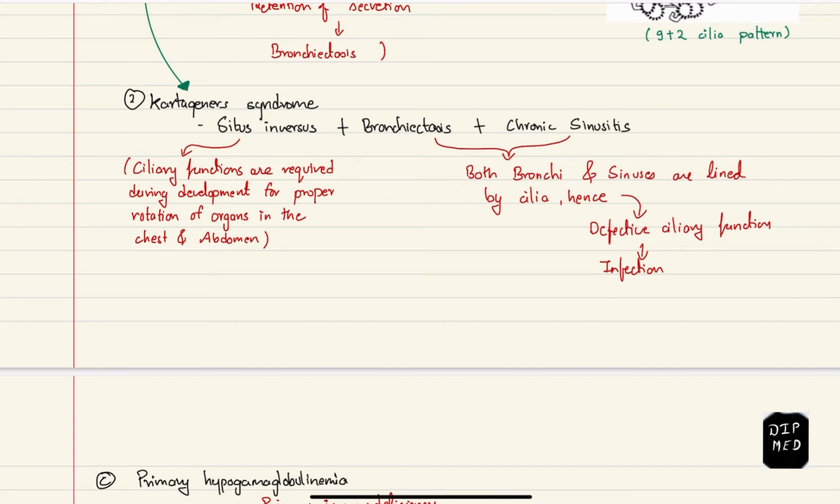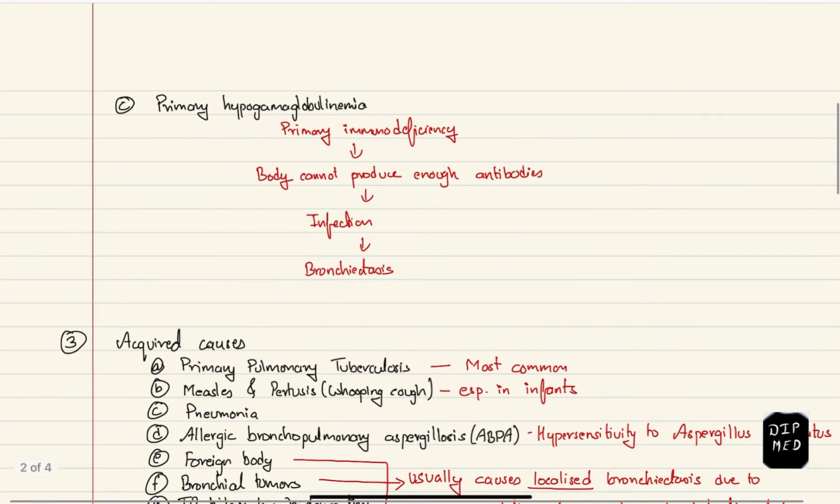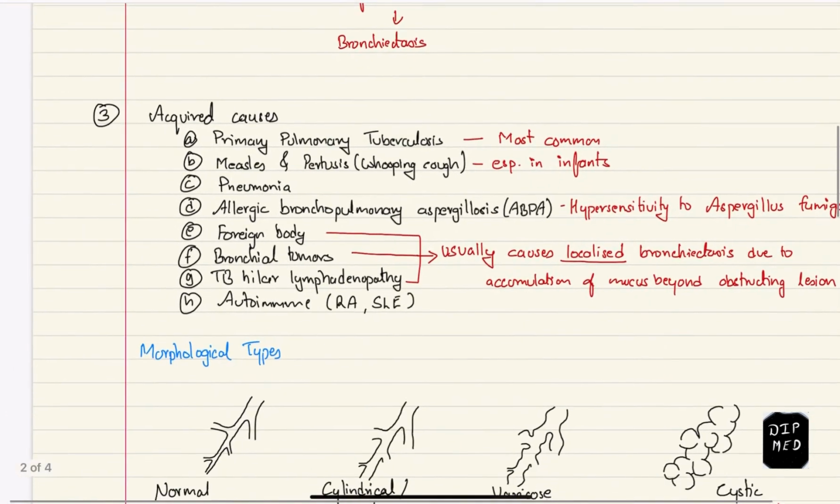Why bronchiectasis and chronic sinusitis? It's because both bronchi and sinuses are lined by cilia. Lastly, under congenital causes, we have primary hypogammaglobulinemia. It's a state of primary immunodeficiency where the body cannot produce enough antibodies. This leads to infection and ultimately bronchiectasis.